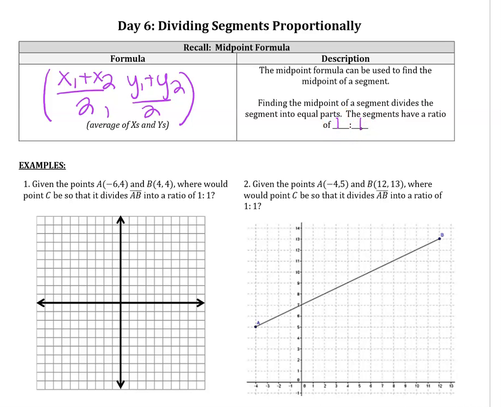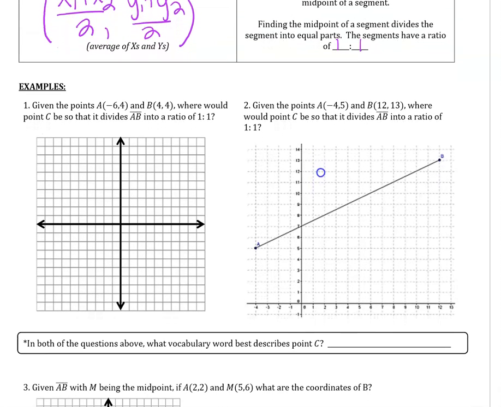So starting off pretty basic here, if I have A at -6,4 and B at 4,4, where would point C be so that it divides AB in a ratio of 1-to-1? All right, so let me plot this to get a nice little visual example here. So we've got -6,4, and then 4,4.